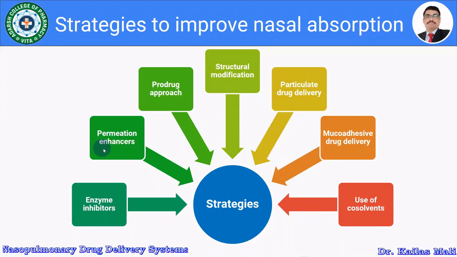They are going to affect the barrier properties and thereby increase the drug permeability. Yet another approach is the use of prodrug, which is going to improve the nasal absorption. Then the structural modification in the drug, which will improve the physicochemical properties of the drug and thereby there is an improvement in the nasal absorption.